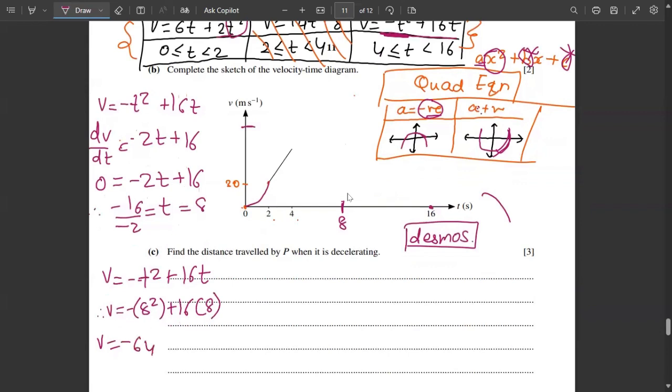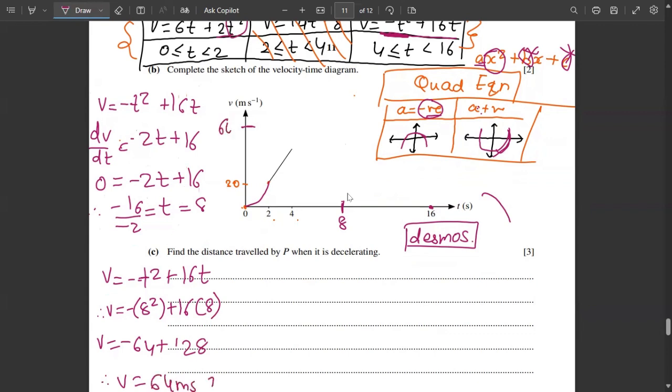So minus 64, and 16 times 8, if I put it in the calculator, is 128. Therefore, the velocity, 128 minus 64, will be 64 itself. So velocity is 64 meters per second.